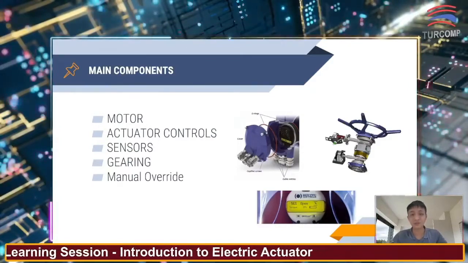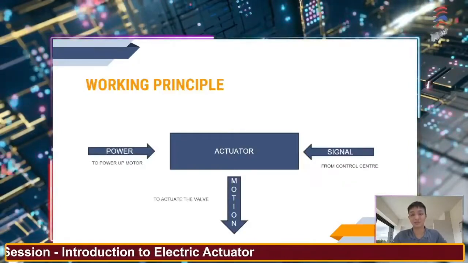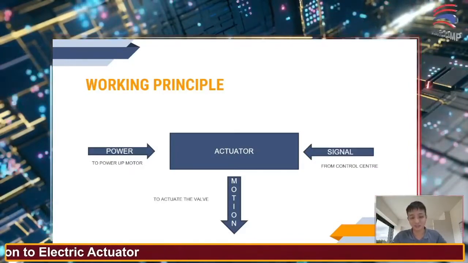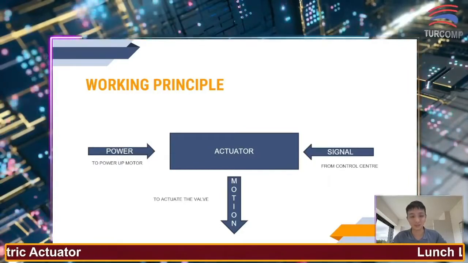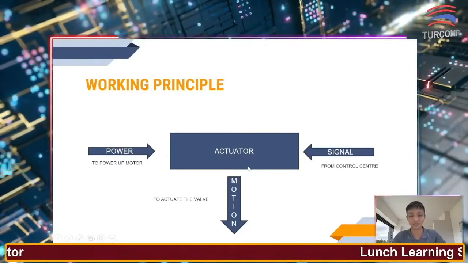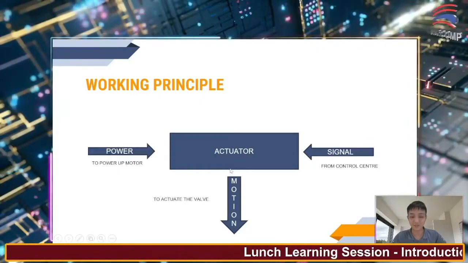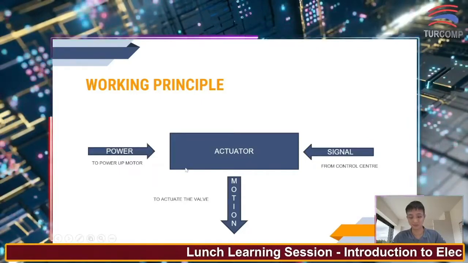Okay, so how does it work? The working principle. Actually it's very simple. So let's say this is the actuator. The first part is the signal from the control center.